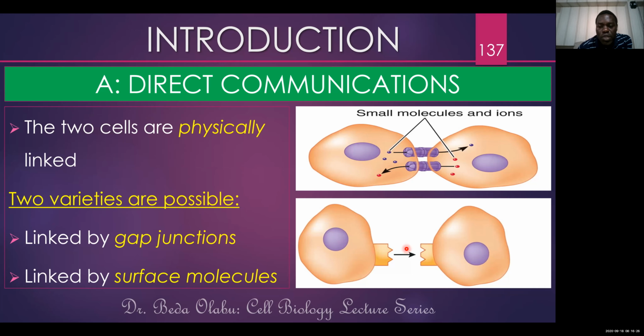So the two cells can communicate with each other via surface molecules. The best example would be some white blood cells, or generally cells of the immune system. They tend to use surface molecules for communication. So that is direct communication.